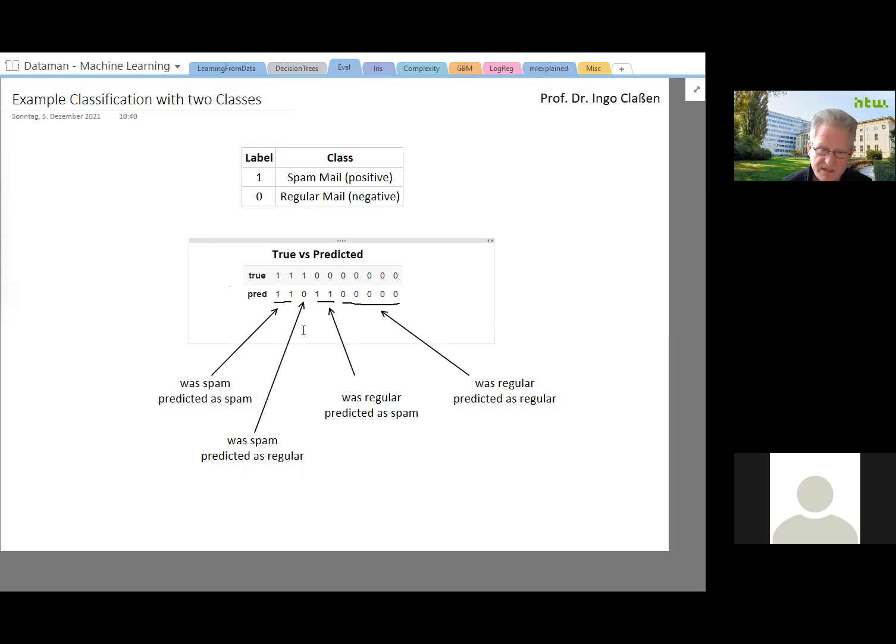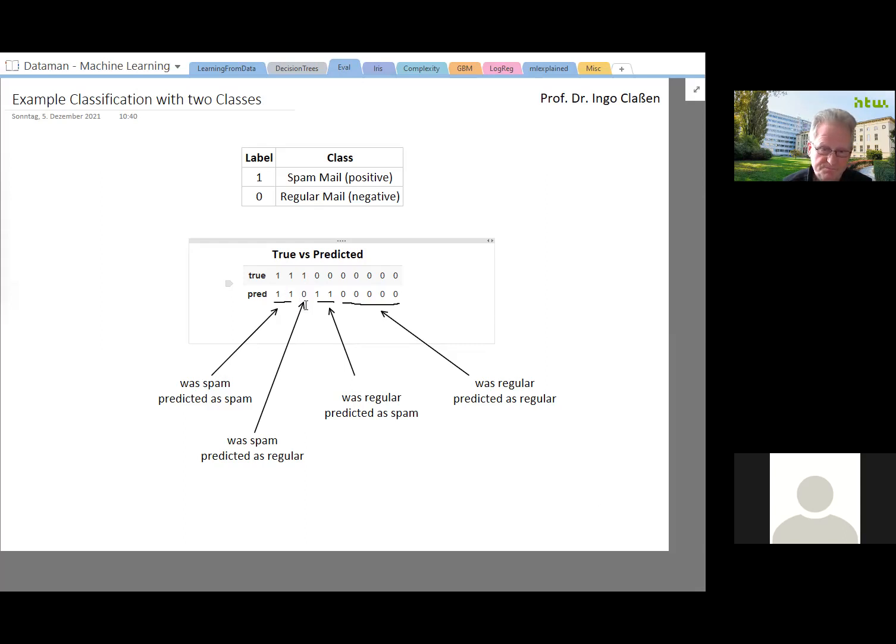If we take the next example here, that actually was a spam, but we predicted it as regular. So we missed that. Does anybody know what the technical term for such a situation is? That's a false negative. It's called a false negative.